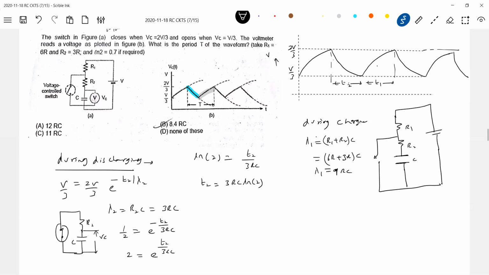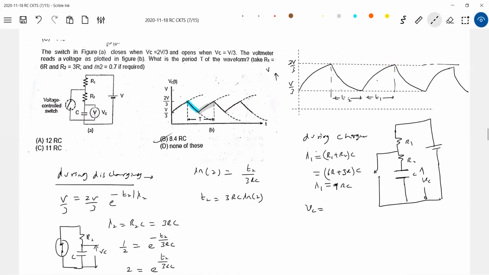Now, what is the expression for voltage across the capacitor during charging? This is the charging graph. If you permit it, it will get charged up to V. I didn't show it, one curve I'll show.